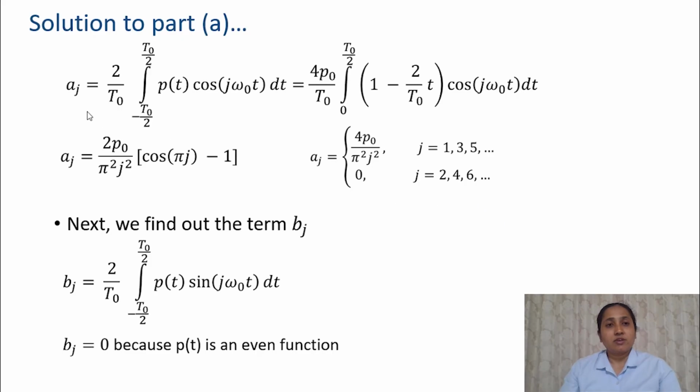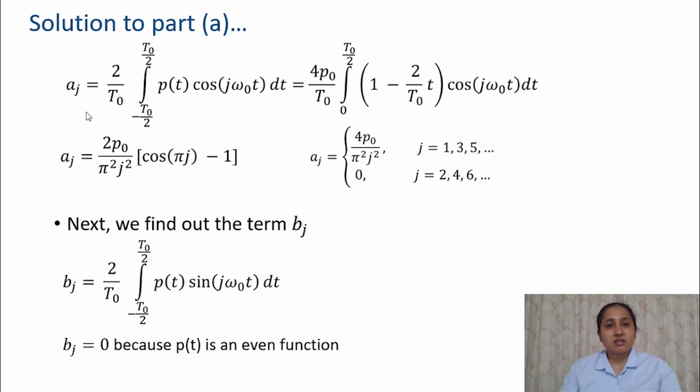Now we will find aj. So aj can be found out as 2 by t naught integral minus t naught by 2 to t naught by 2 pt times cos j omega naught t dt.